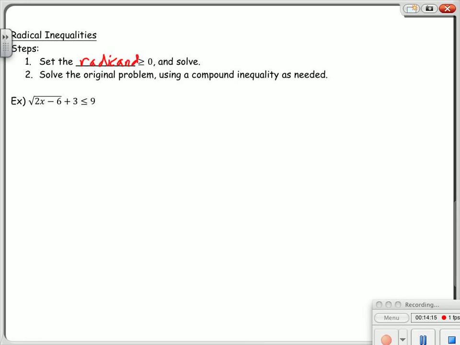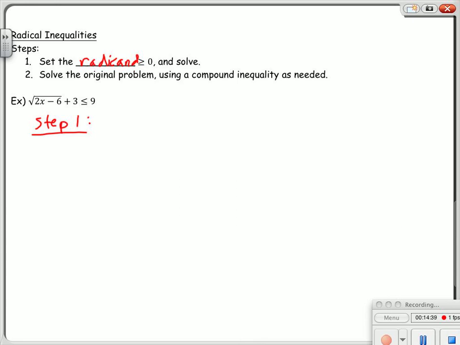There are going to be 2 steps, just like when we worked with LCDs and inequalities a couple sections ago, where you had to consider the case of the denominator. Here we always want to make sure that we're in the set of real numbers, so we have to think about the domain values of x, and that'll be step 1. And then step 2 will be to solve the original inequality as it stands.